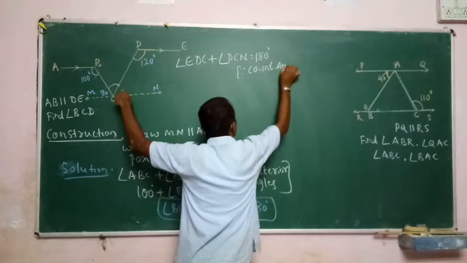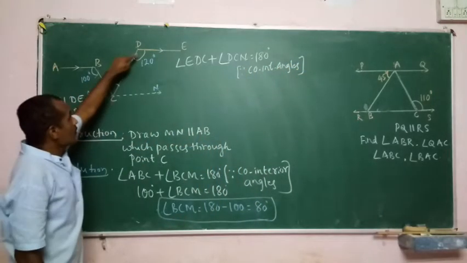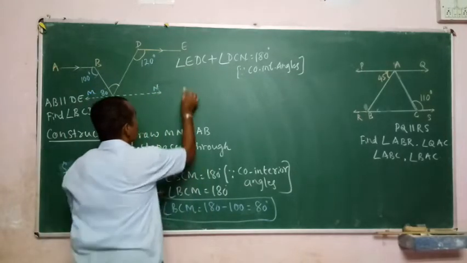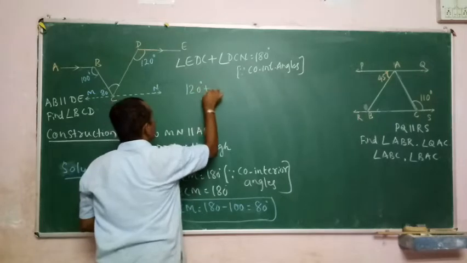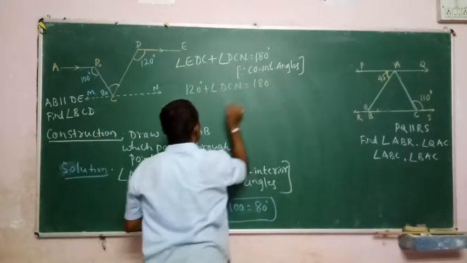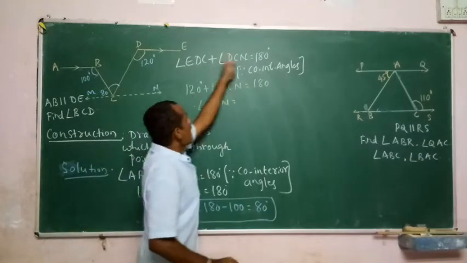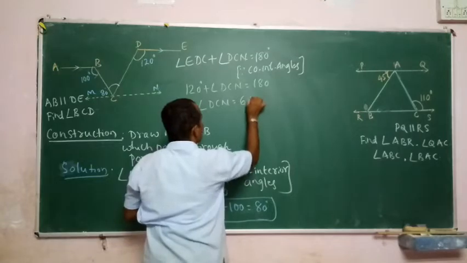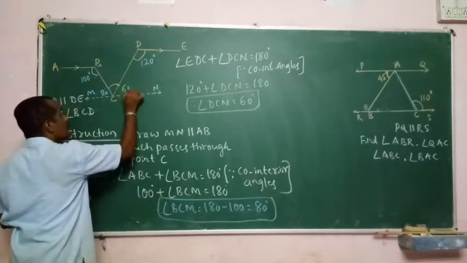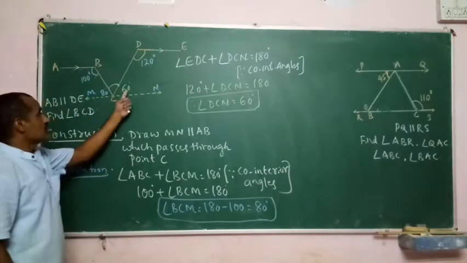Which angle is known? EDC is known. I can write 120 plus angle DCN is equal to 180. Therefore, angle DCN is equal to 180 minus 120. I can call it 60 degrees. I have found this angle is 60.